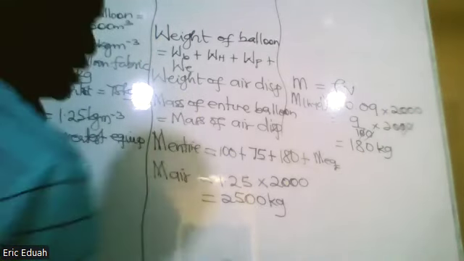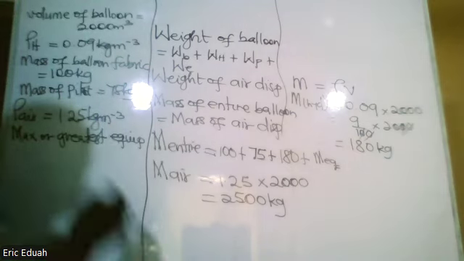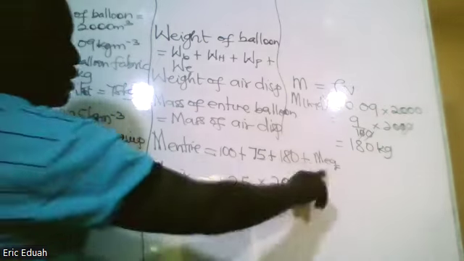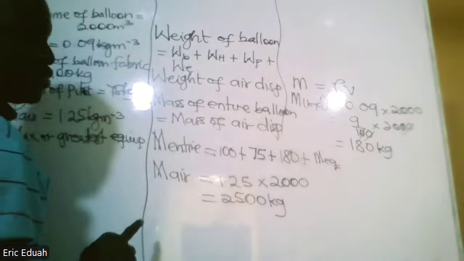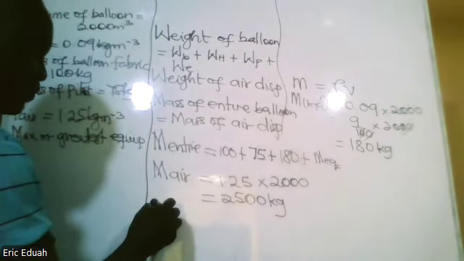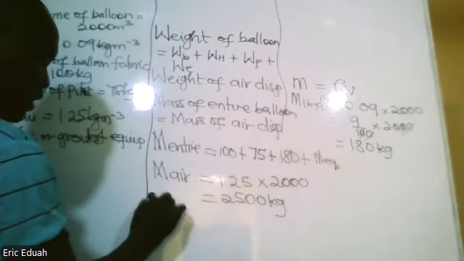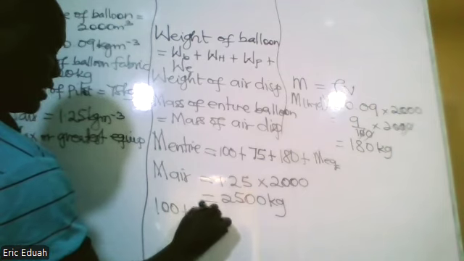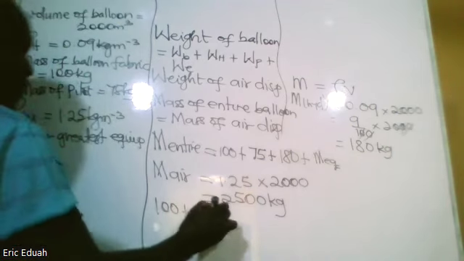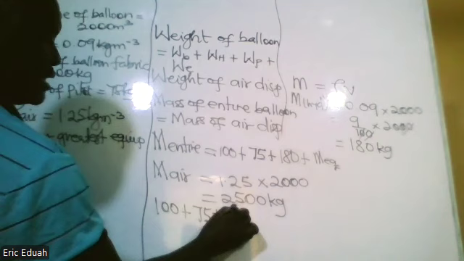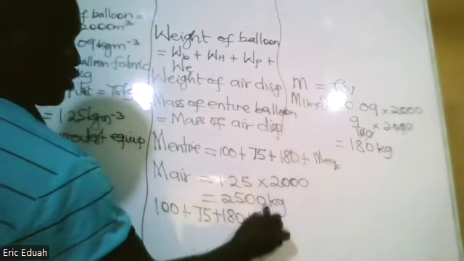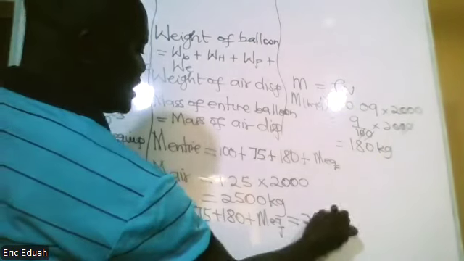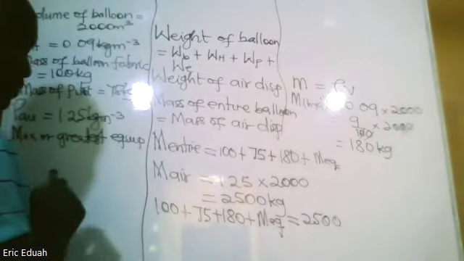So we apply the principle of flotation, which is mass of the entire balloon must be equal to the mass of air displaced. So 100 plus 75 plus 180 plus mass of equipment must be equal to 2,500. We sum all this up.